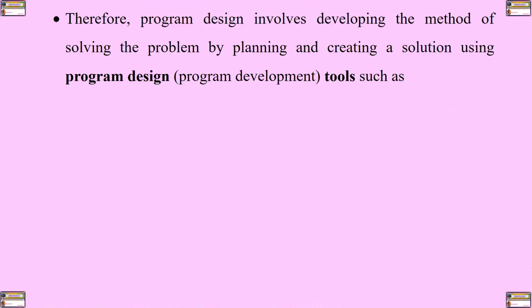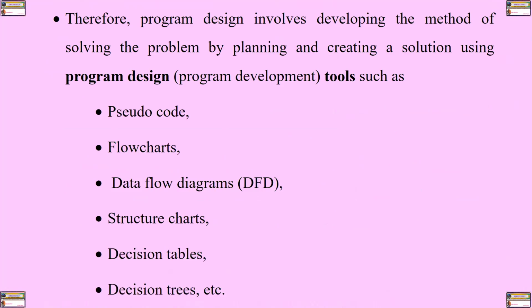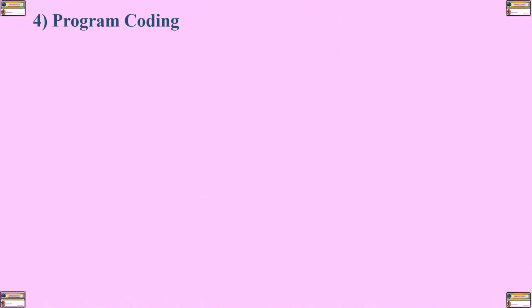Therefore, program design involves developing the method of solving the problem by planning and creating a solution using program design or program development tools such as pseudocode, flowcharts, data flow diagrams, structure charts, decision tables, decision trees, among others.